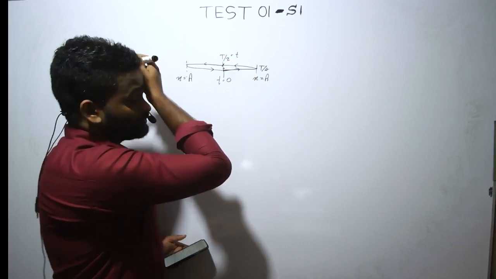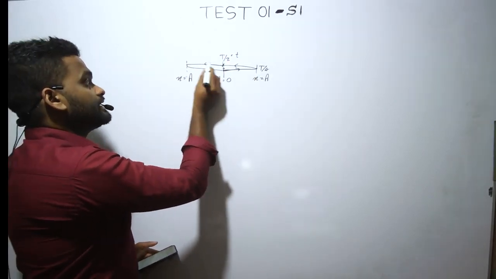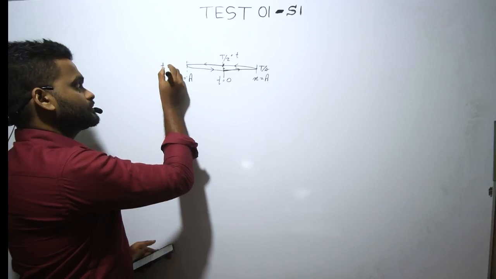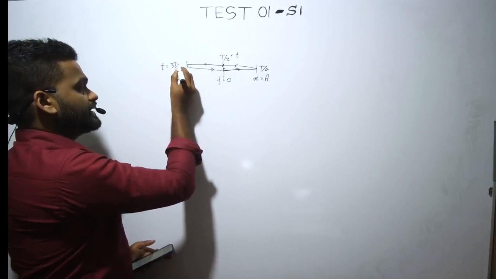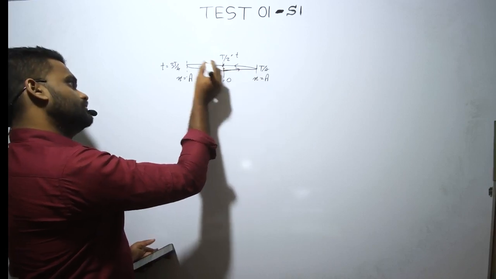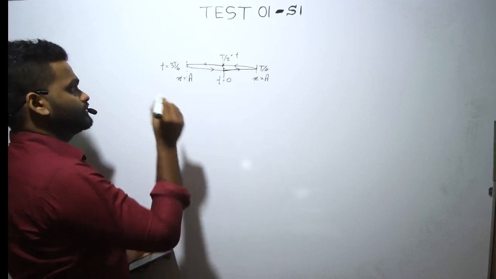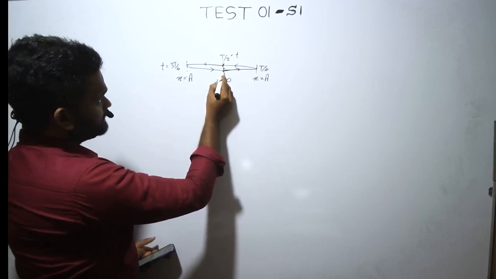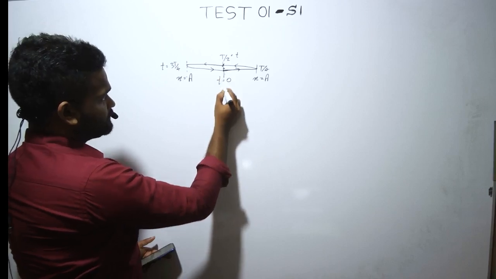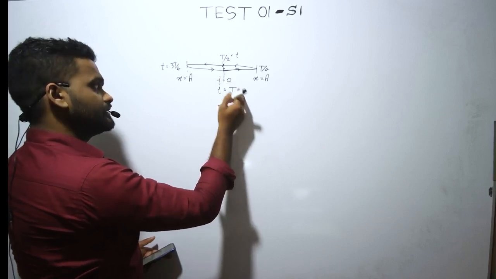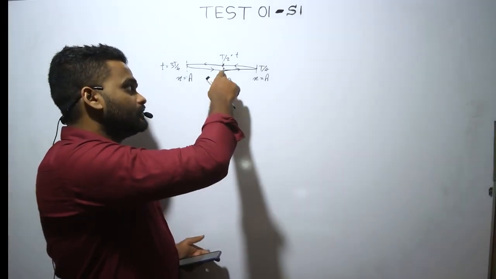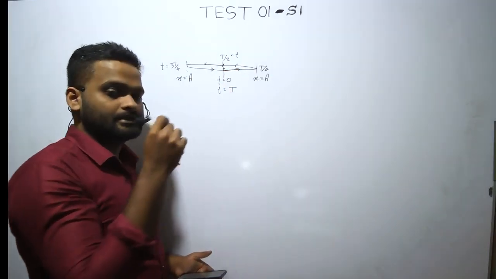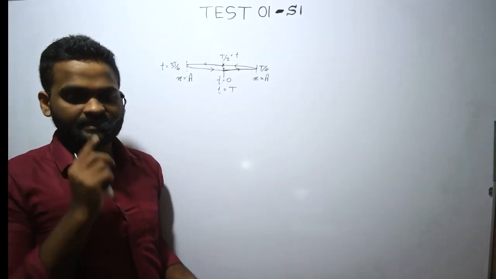Here time is T/2. Then another 1/4, so it should be 3 times T/4: T/4, T/4, T/4. 3T/4. Then it comes back. When it comes back, then the complete time period, 4 times T/4, so it is one time period. Now it has completed the cycle, right?